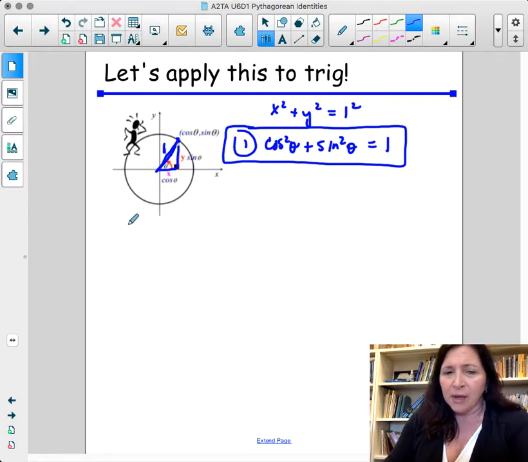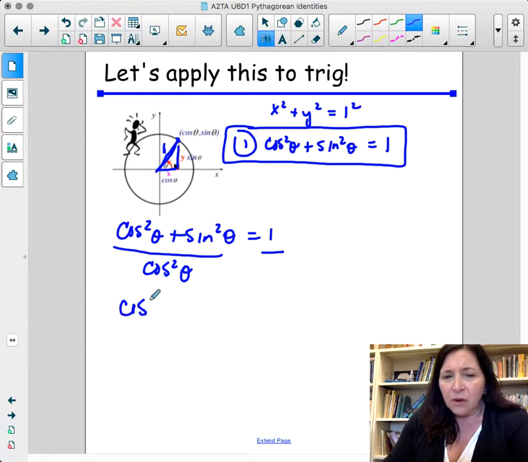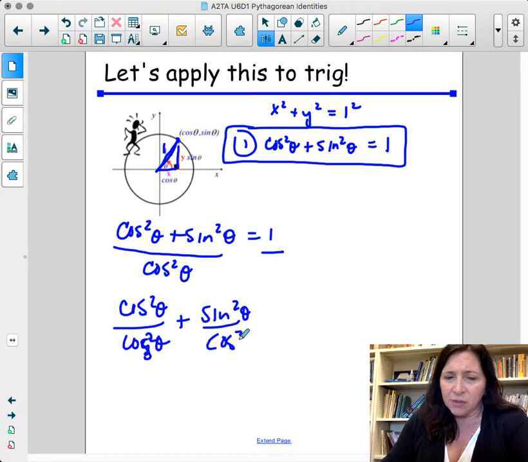So from the first one, if we were to take cosine squared of theta plus sine squared of theta equals 1, and I were to divide everything by cosine squared of theta, I would get cosine squared of theta over cosine squared of theta plus sine squared of theta over cosine squared of theta equals 1 over cosine squared of theta.